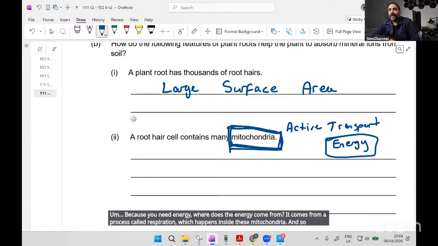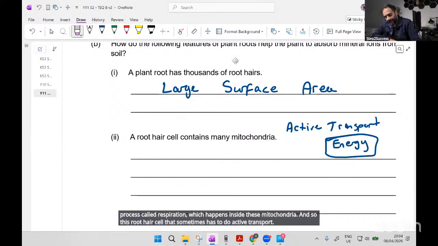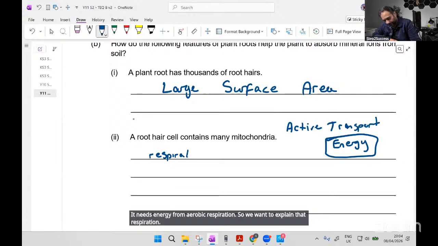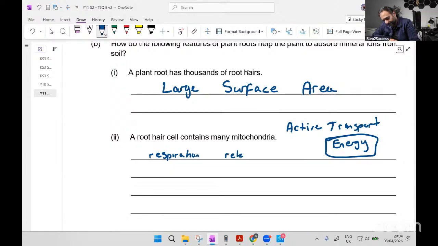And so this root hair cell that sometimes has to do active transport, it needs energy from aerobic respiration. So we want to explain that respiration releases the energy that it needs for active transport. There you go.